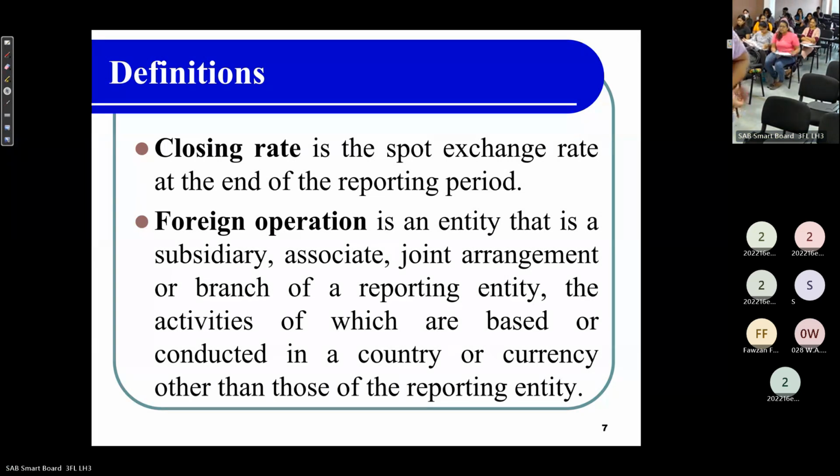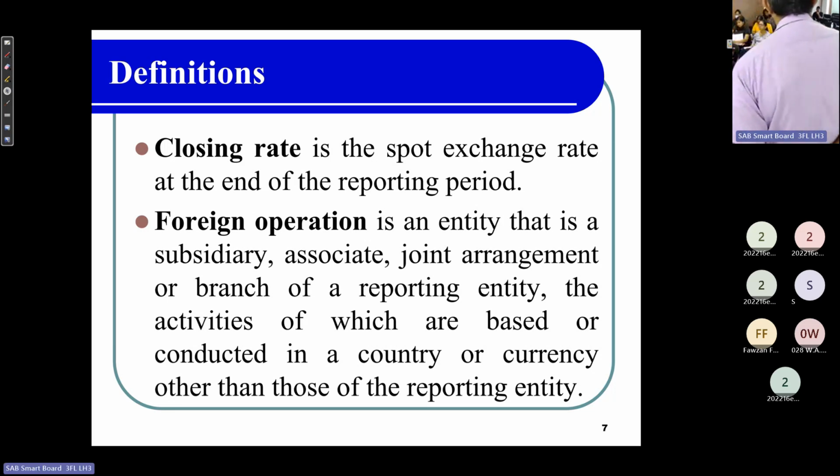Right. Then there is a definition of foreign operation. As a definition, a foreign operation is an entity that is a subsidiary, associate, joint arrangement or branch of a reporting entity, the activities of which are based or conducted in a country or currency other than those of the reporting entity.